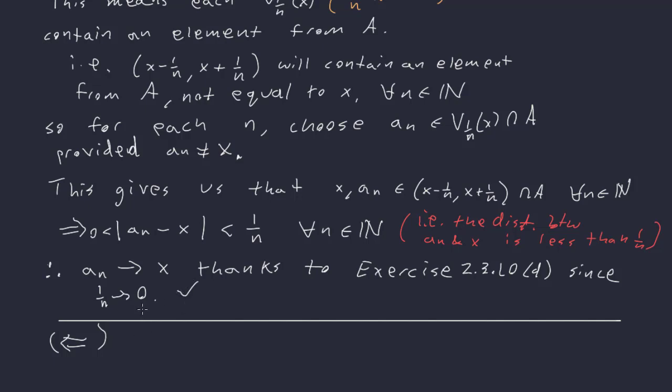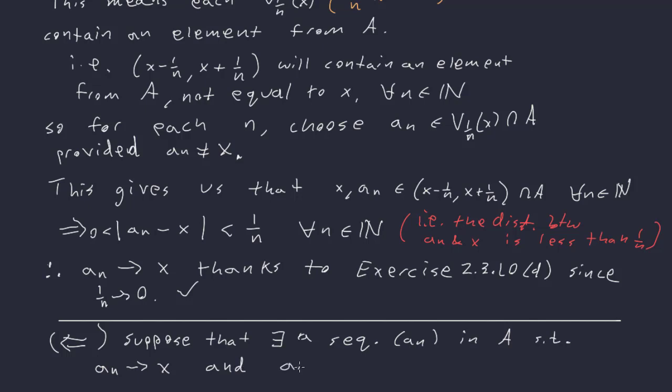So in this direction, we're going to suppose that there exists a sequence a_n in A such that a_n converges to x and a_n is not equal to x for all n in the naturals. Right?